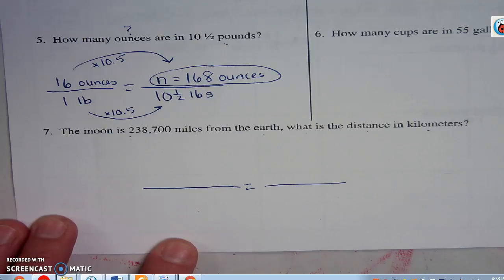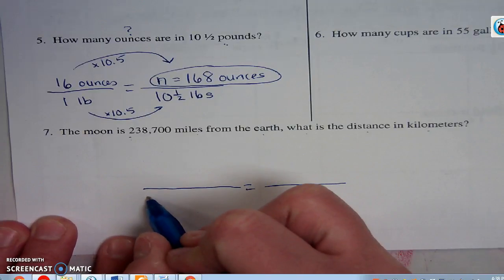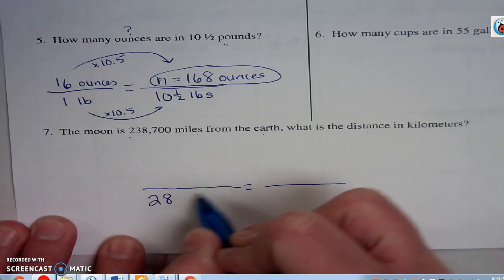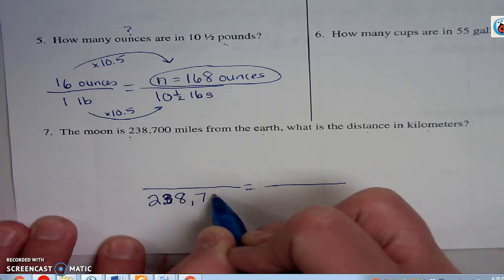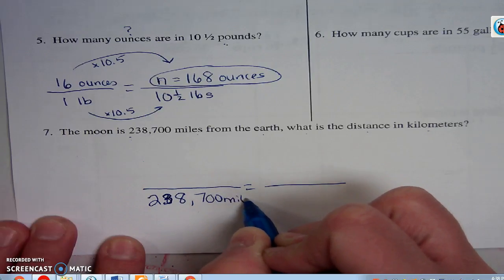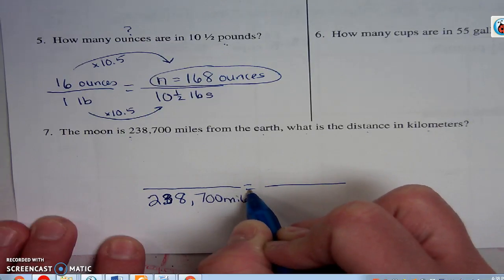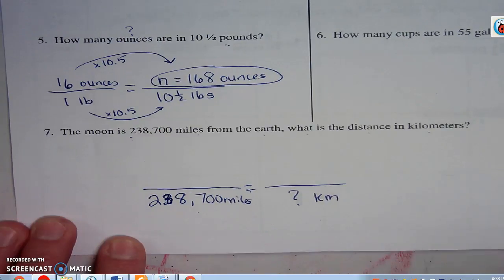And I'm going to show you that I'm trying to find out how many kilometers, get the right number, 238,700 miles. I want to know that would equal how many kilometers. So I want to know this number here in miles equals how many kilometers.